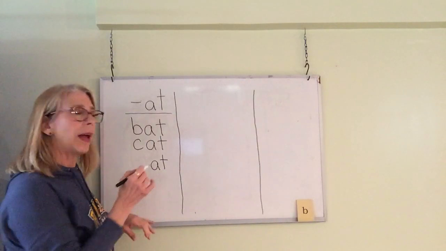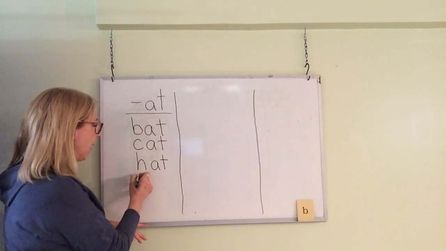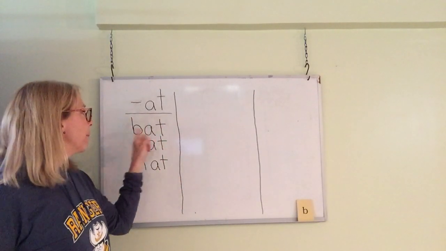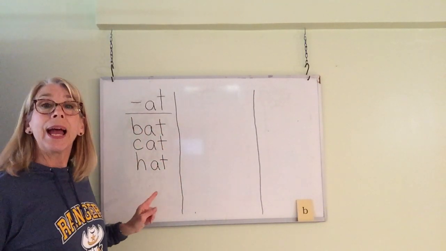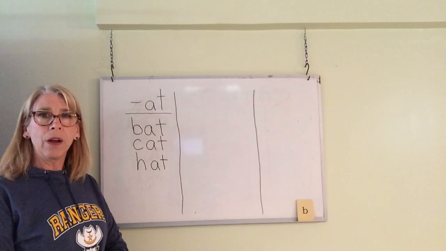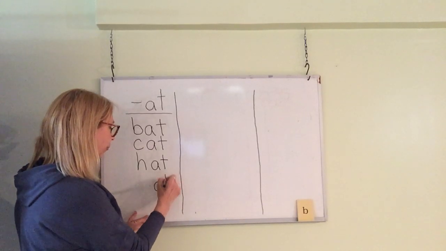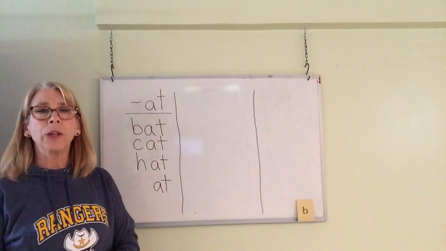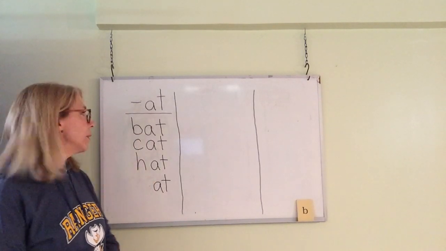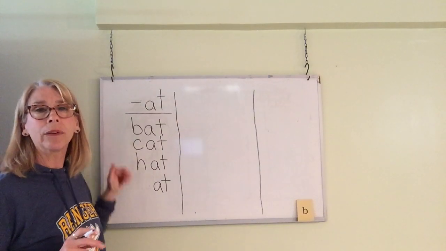The h, and that H makes hat. So I have at, bat, cat, hat. Can you think of another letter I could put in front of at? And you know what? I should probably pause to give you time to write these words. So make sure you have bat, cat, and hat written.